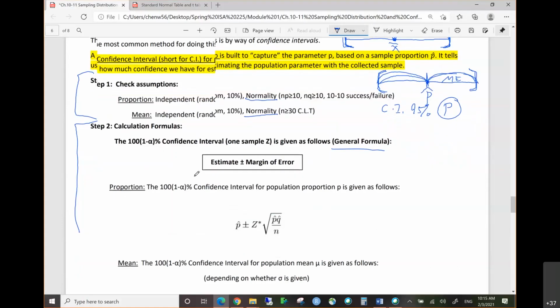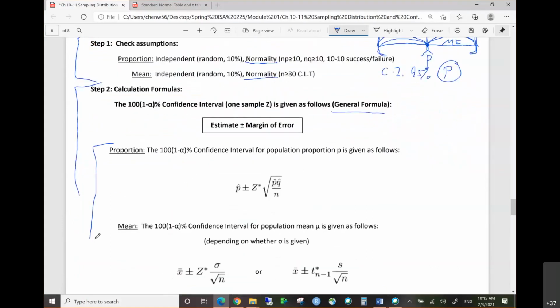Then we will again focus on these two summary statistics, the proportion and the mean. What if I want to get a 95% confidence interval for the population proportion? This is the formula.